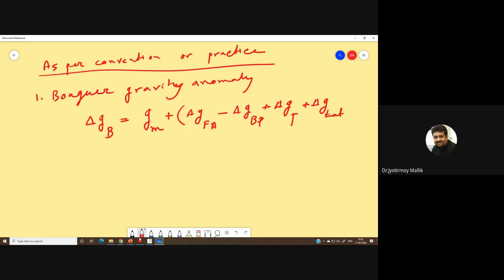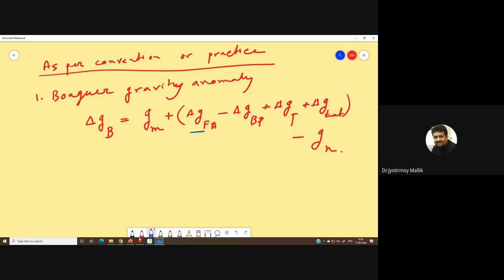The latitude correction you may or may not do, depending on whether the area is restricted to a smaller latitude difference, or we are comparing it with further latitudes. Depending on that, we might or might not add delta G latitude, minus Gn.